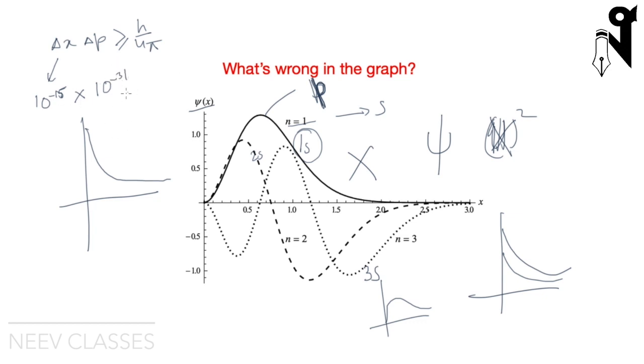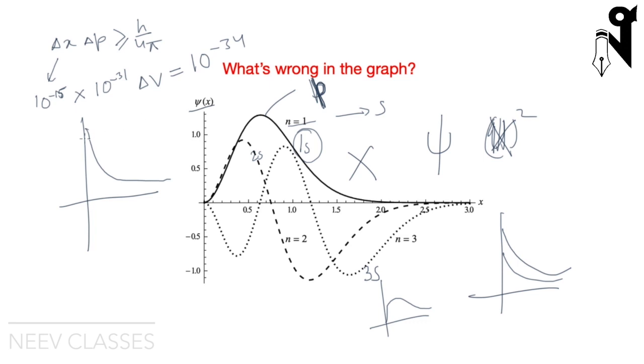Forget about the other numbers. 10 power minus 31 into delta V. Even if we go for equal to, that means we are going as precise as possible. We'll have it equal to h by 4 pi. So what does my V come at? Your h is 10 power minus 34, right? So do away with the 4 pi and all. It's not going to make much of a difference.